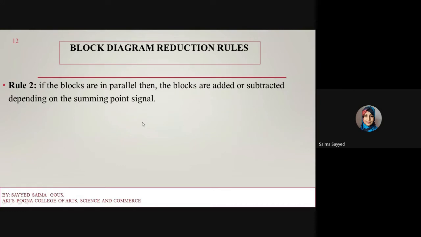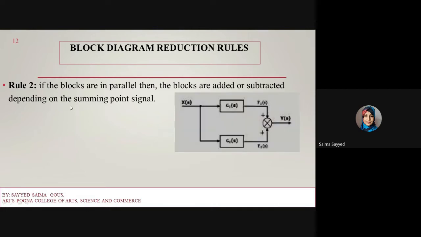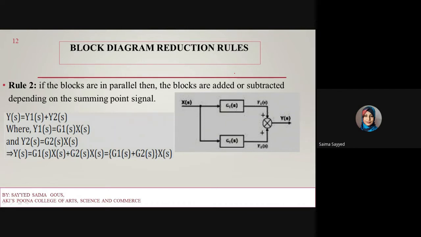Then rule 2: if the blocks are in parallel, then the blocks are added or subtracted depending upon the summing point signal. Here these two blocks have a summing point, so depending upon the summing point signal, we can add or subtract these two blocks. The output Y(s) will be equal to Y1(s) plus Y2(s).